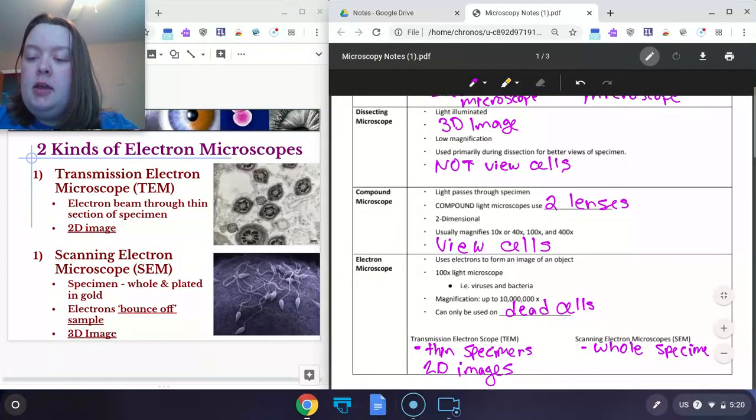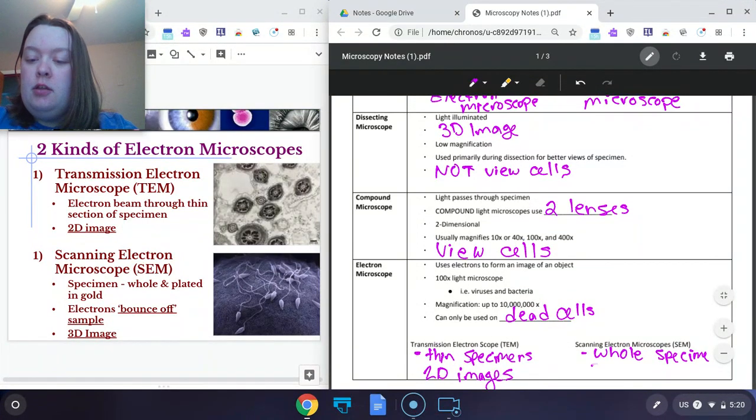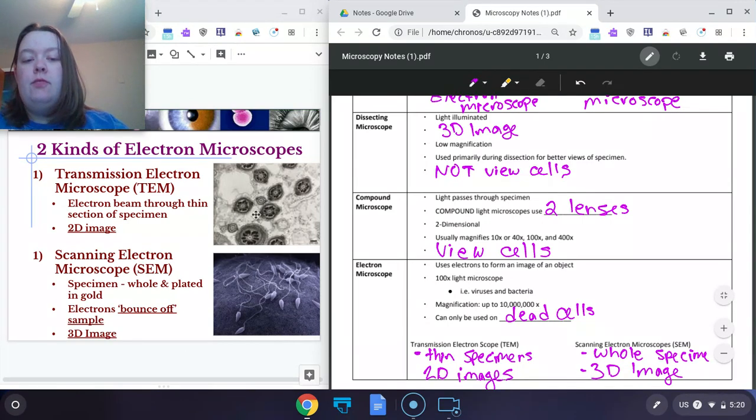And this is going to help us have a 3D image. So if we look at the 2 images here on the PowerPoint, these are 2D, they're flat because we're only looking at thin slices or sections, versus the one at the bottom, it's the whole object visualizing, and therefore a 3D view of the image.